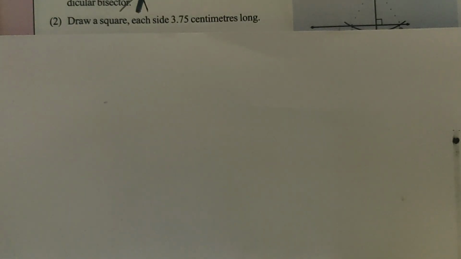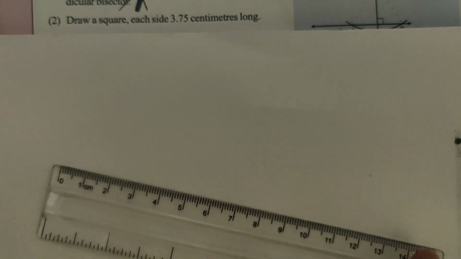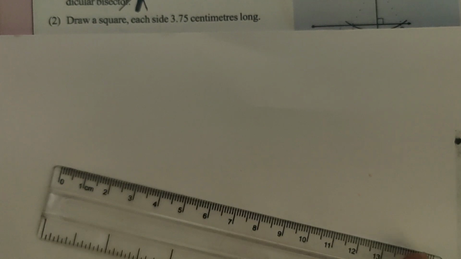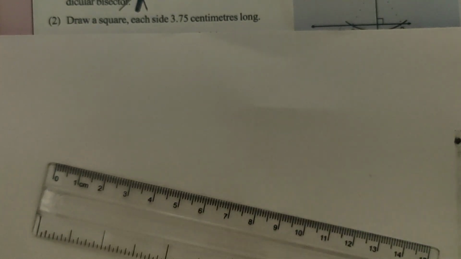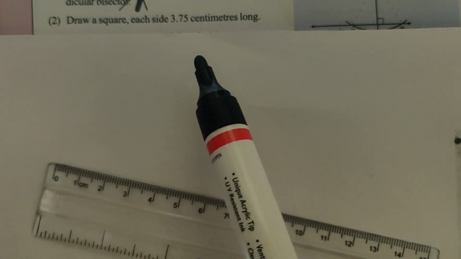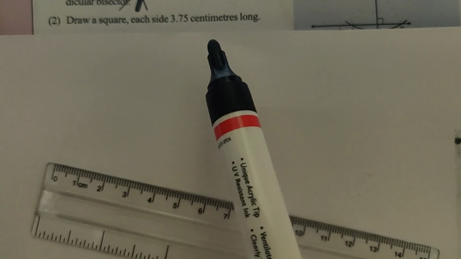And next question, draw a square each side 3.75 centimeter long. First of all, we can't draw 3.75 centimeter on this page using a scale directly, but we can draw the double of 3.75, and the double of 3.75 we have already drawn, that is the line 6.5 centimeter in the previous lesson.